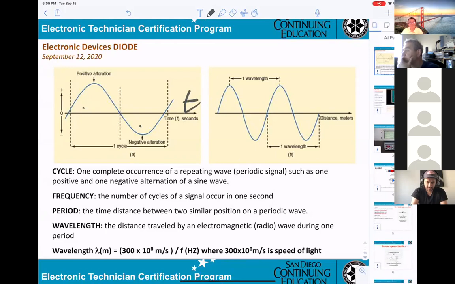T can be microseconds, milliseconds, or seconds. You get two different domains. One we call the time domain, and the other one we call the frequency domain.